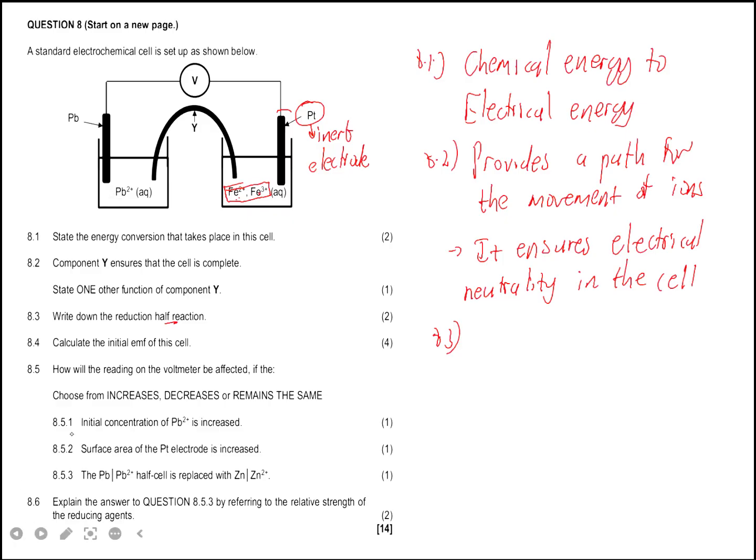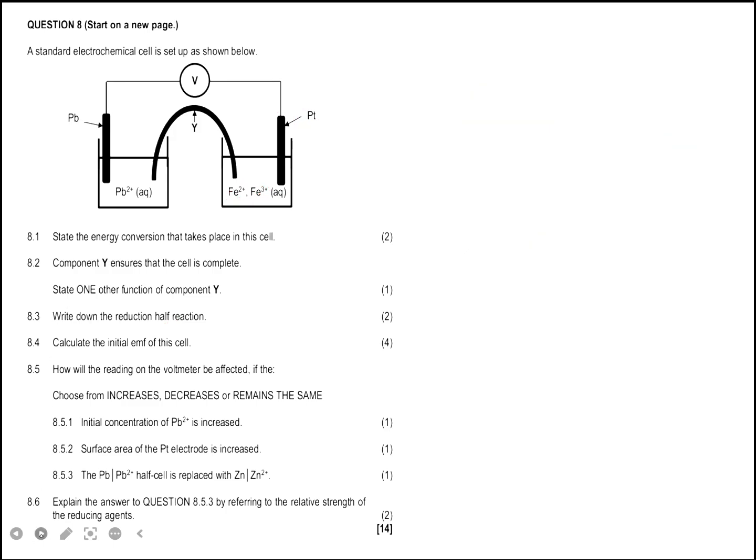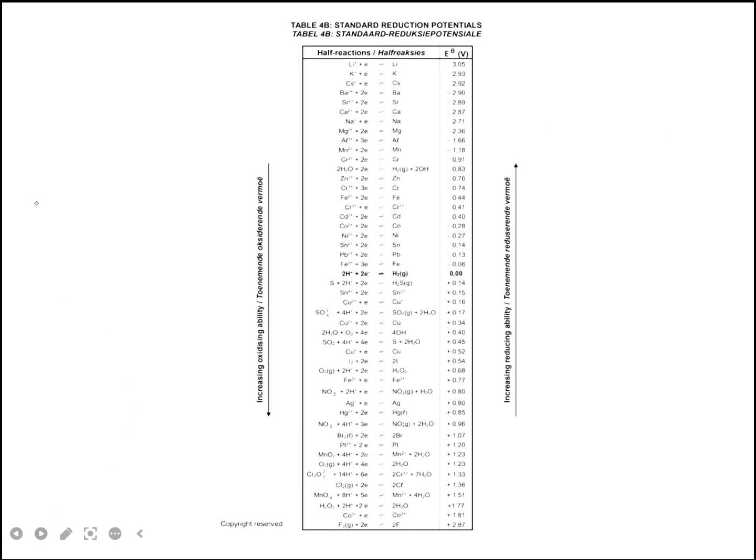So, okay, let's check now. So we have this. So the Pb2+, there we go. And then the Fe3+. So we have to take the one that exactly matches up with that. We can't take the Fe3+ + 3e- to give us Fe because it doesn't exactly match up with that.